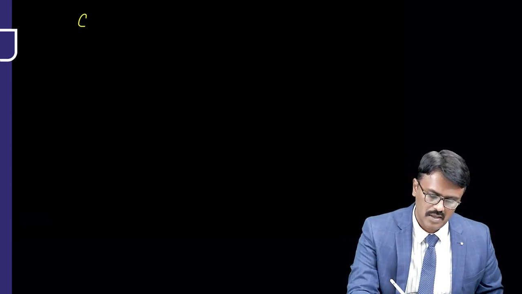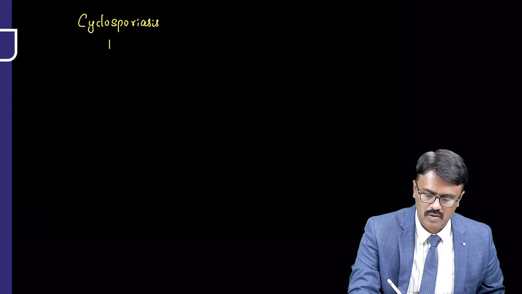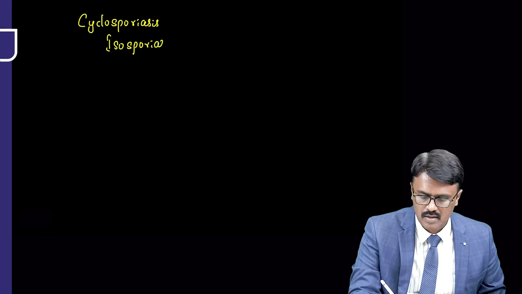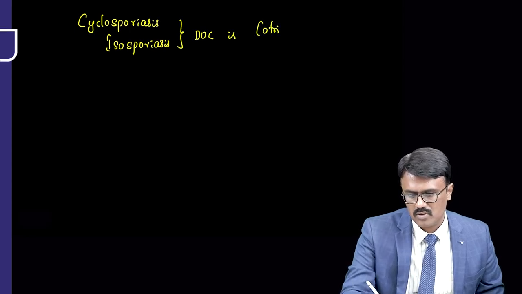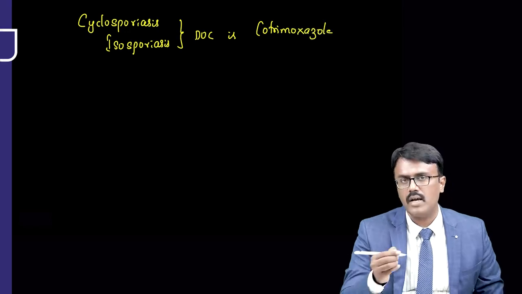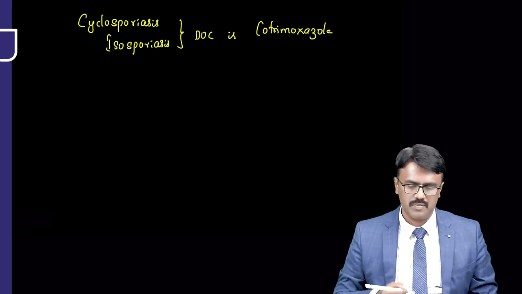Moving on to other protozoal infections, the management of cyclosporiasis and a condition called isosporiasis. What is the drug of choice? You know the name, it is cotrimoxazole, a combination of trimethoprim plus sulfamethoxazole.